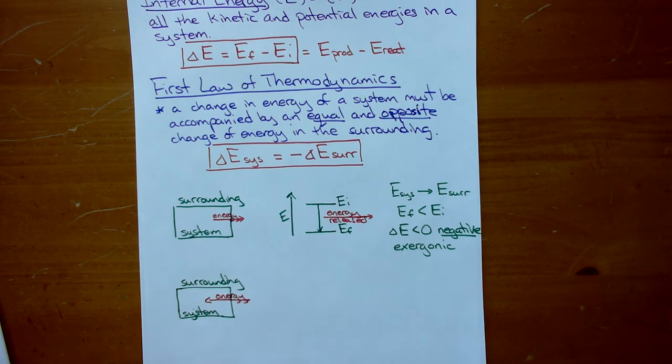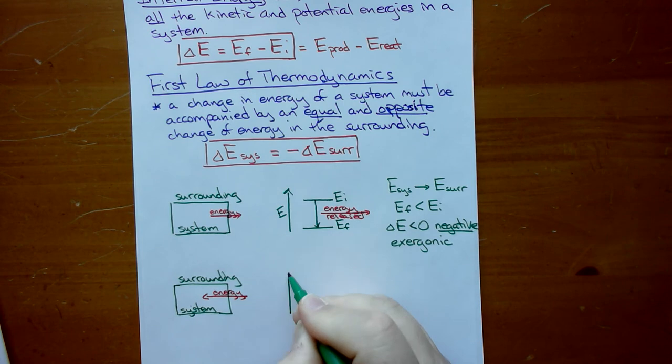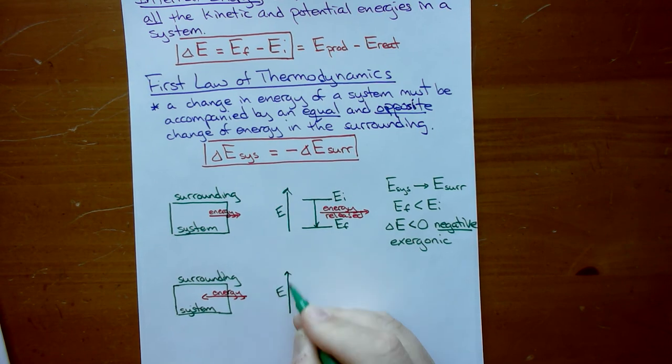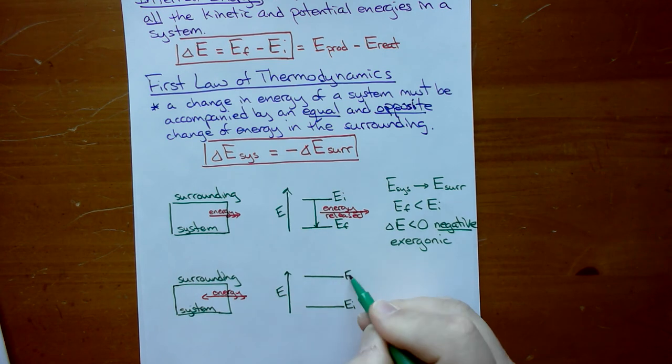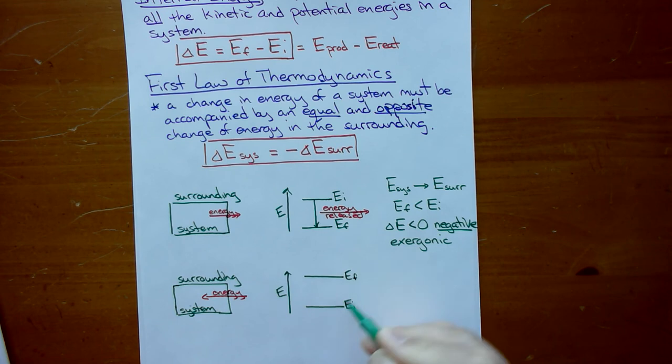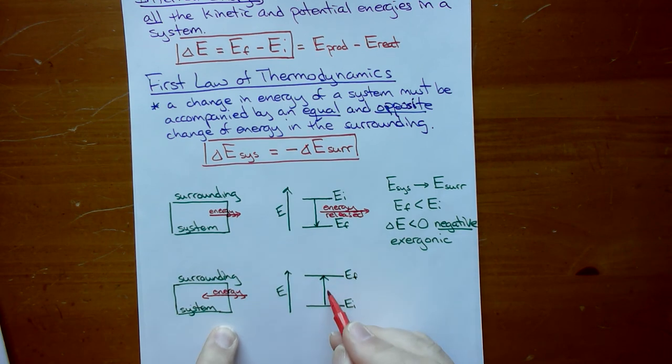Okay, and so again, another analogy, with energy increasing as you go up, let's say our initial energy of the system is low, and we add energy to it, so the final energy is higher than the initial. So we have to go up in energy, and that means you have to absorb energy to go up, so energy is absorbed.